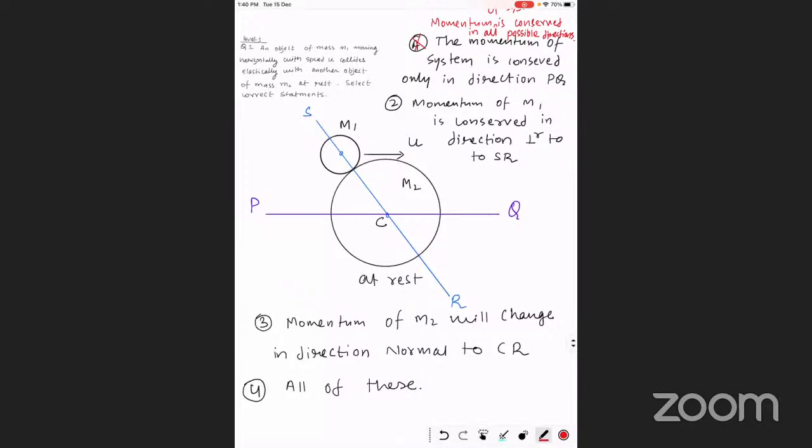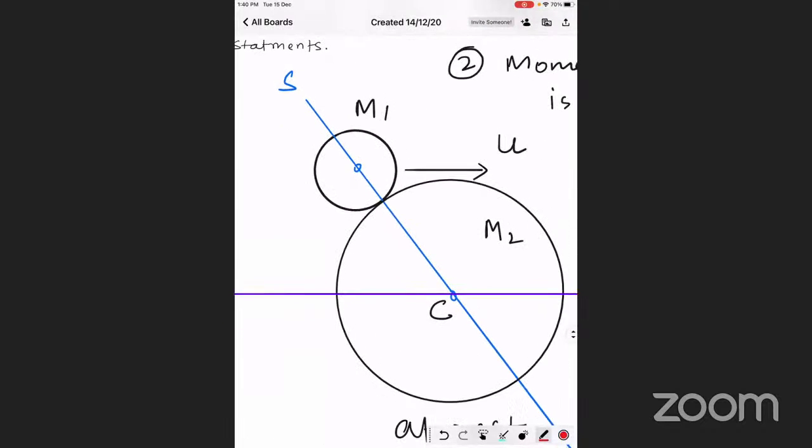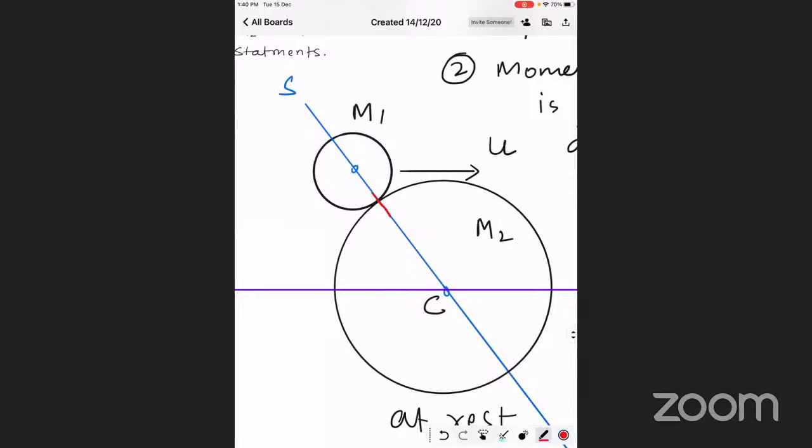Now if you talk about an individual body, only M1, in which direction is there a force on M1? There is a force along SR. So momentum of M1 will change along SR, right?